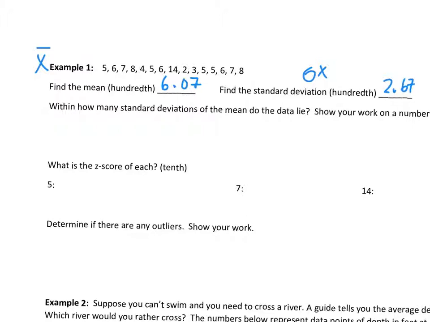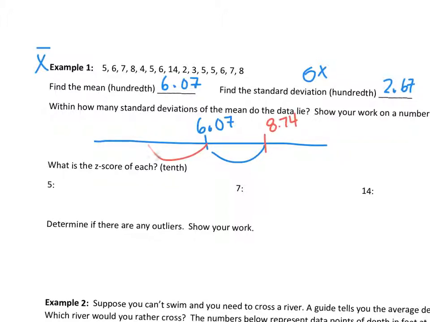Question: within how many standard deviations of the mean do the data lie? Show your work on a number line. I'm going to make a line right here, and put the mean in the middle. This is 6.07. If you add a standard deviation, 6.07 plus 2.67, I get 8.74.